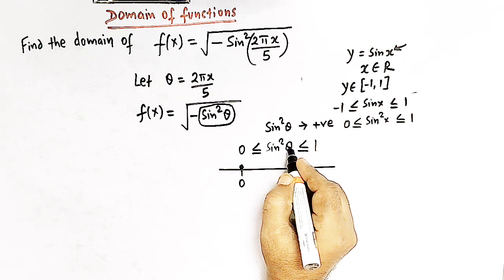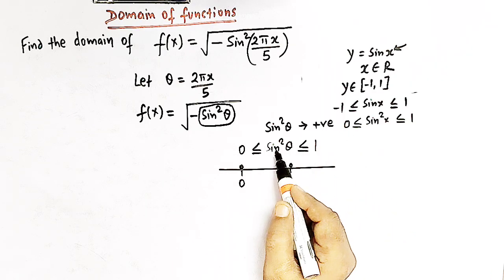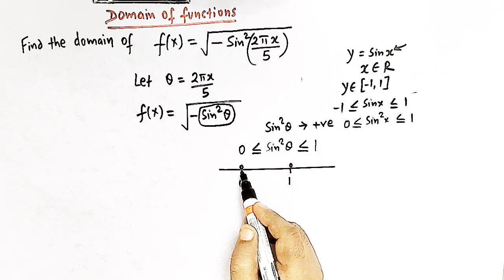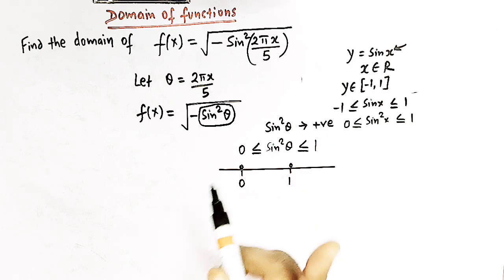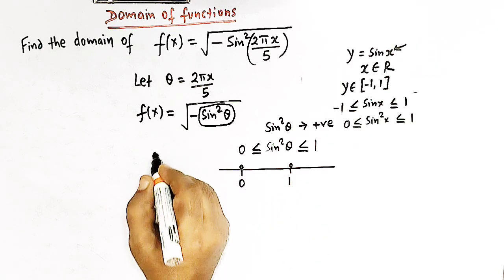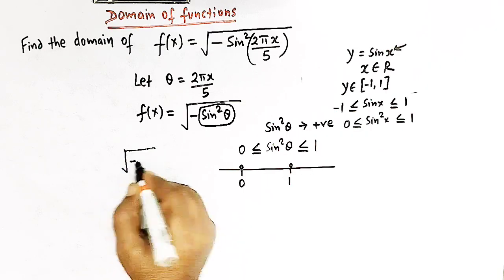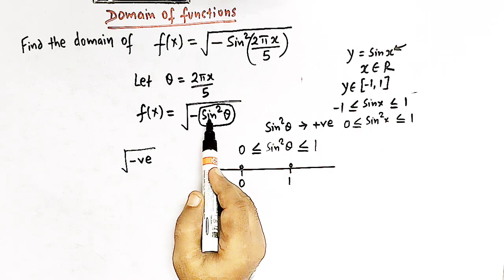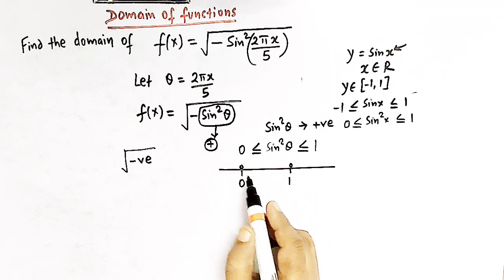So now if we take any value of sine square theta lying between 0 and 1 except 0, then inside the square root sign we have a negative quantity, because sine square theta is always going to be positive, right?